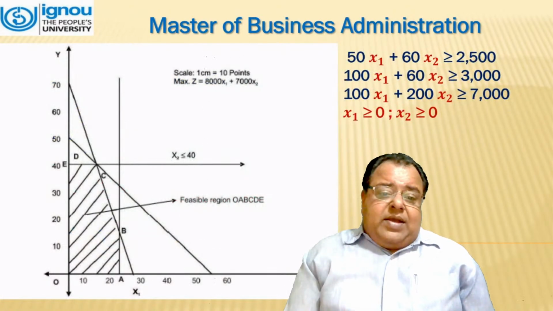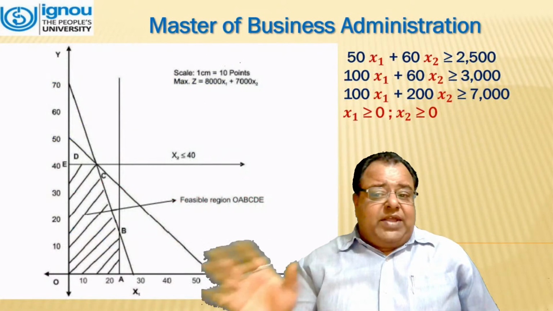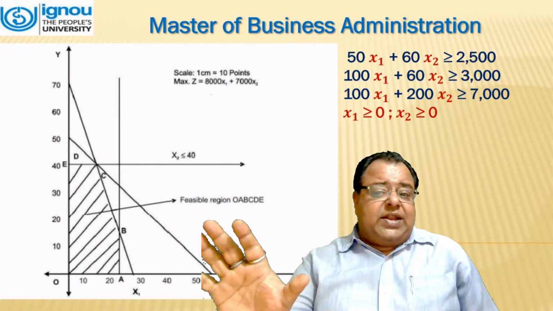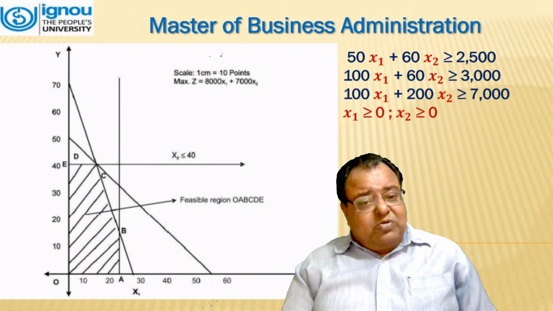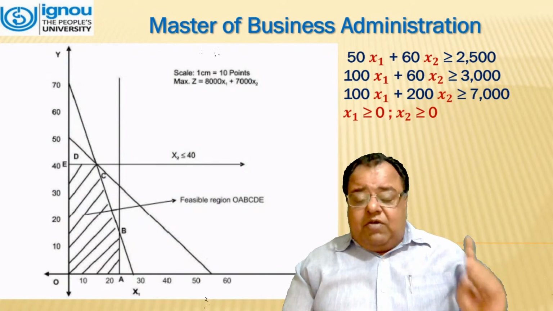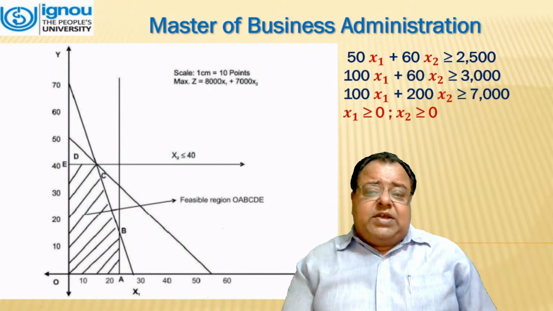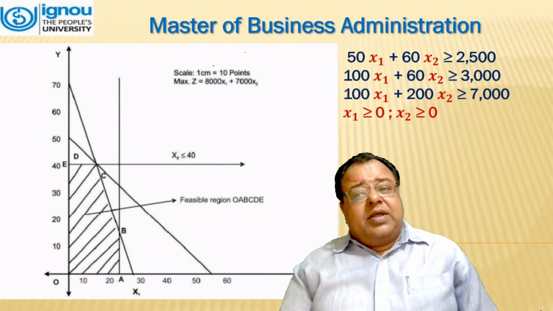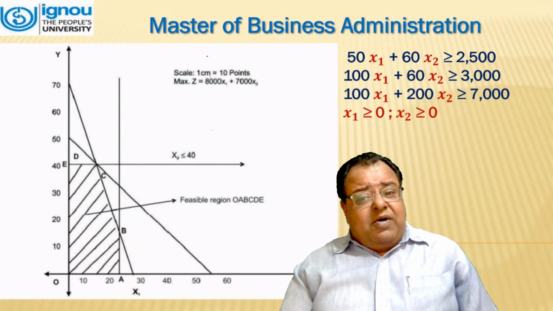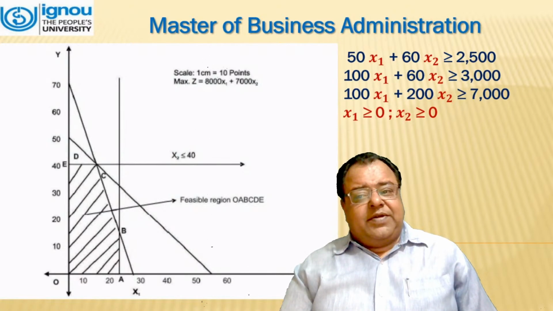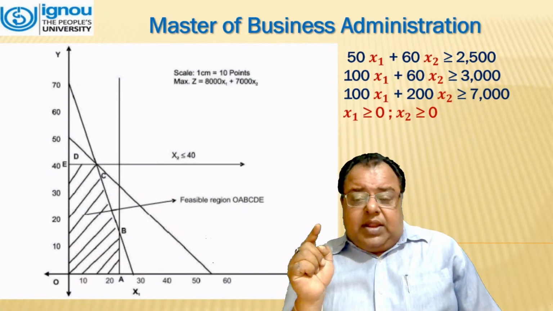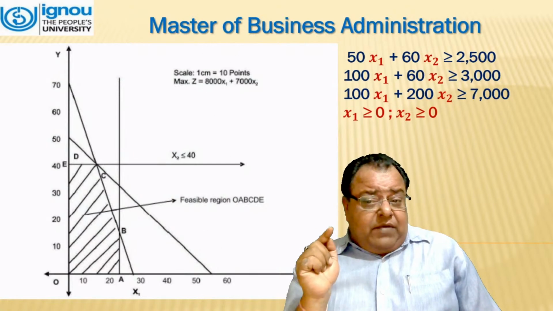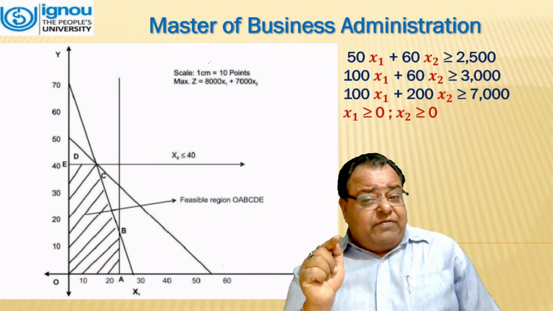Now, going back, how to solve it graphically. We have the equations right now on the screen, on the right side. These are the equations: 50x1 plus 60x2 greater than equal to 2,500. What we will be doing? We will be converting these equations into intercept form. That means it will be x1 upon 50, so the line will be touching the x coordinate at 50, 0.